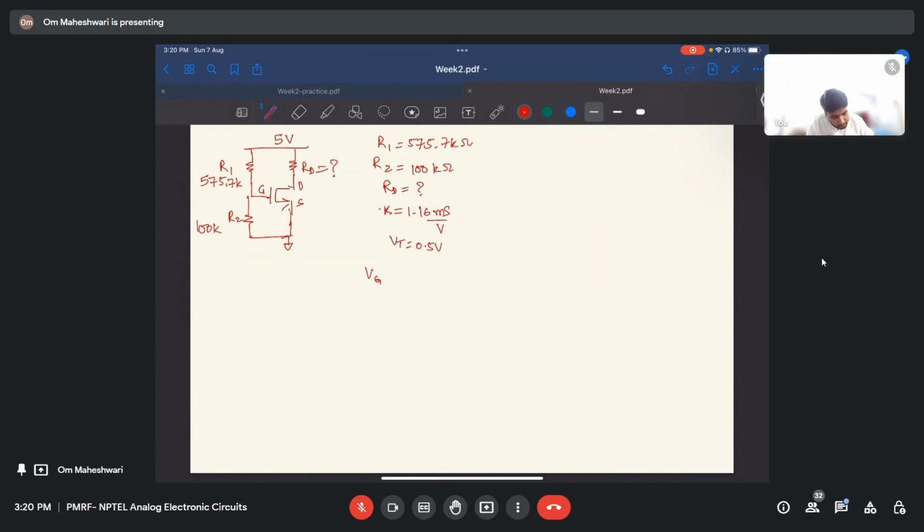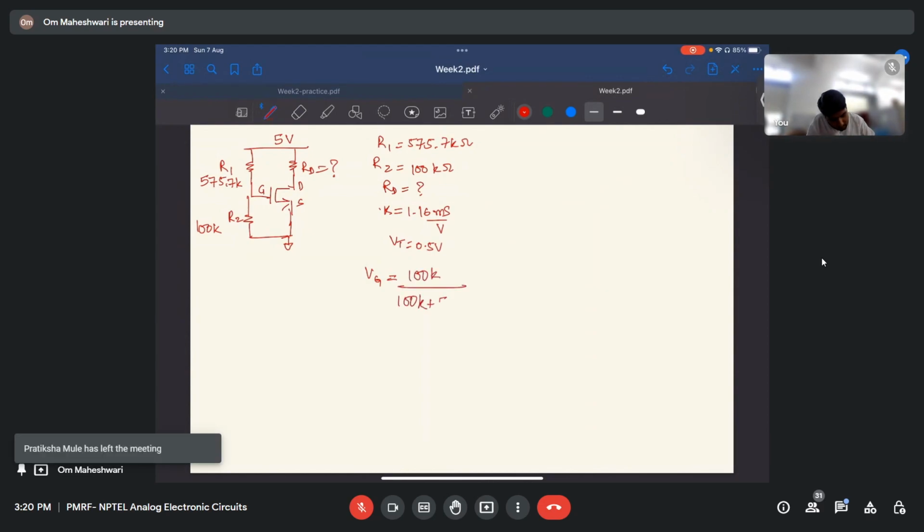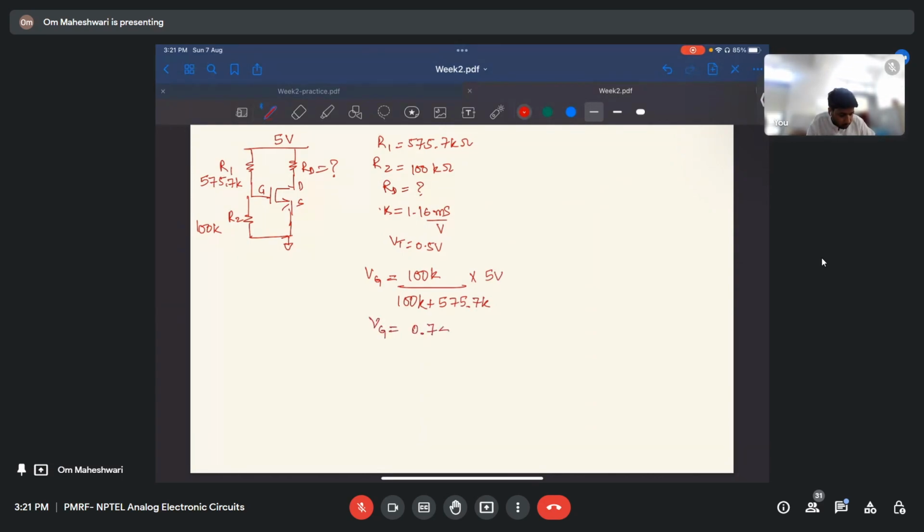So VG will be 100K by 100K plus 575.7K into 5 volts. So VG will be 0.74 volts, right?